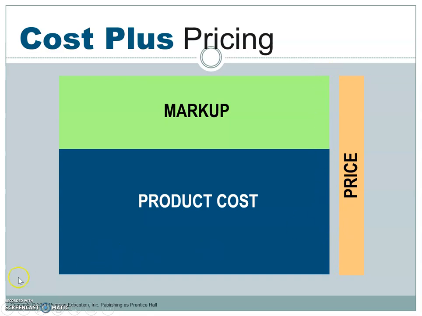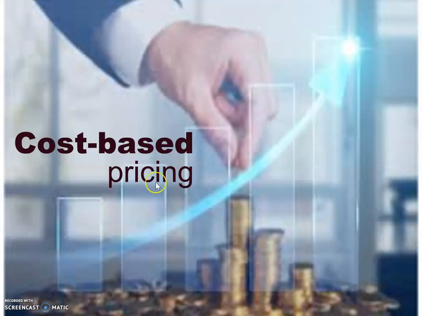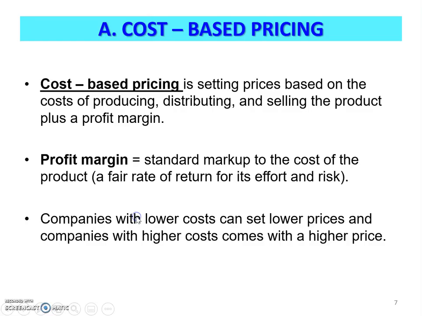We go deeper into cost-based pricing. Firstly, we have to know what it is. Cost-based pricing is setting prices based on the cost of producing, distributing, and selling the product, plus a profit margin.